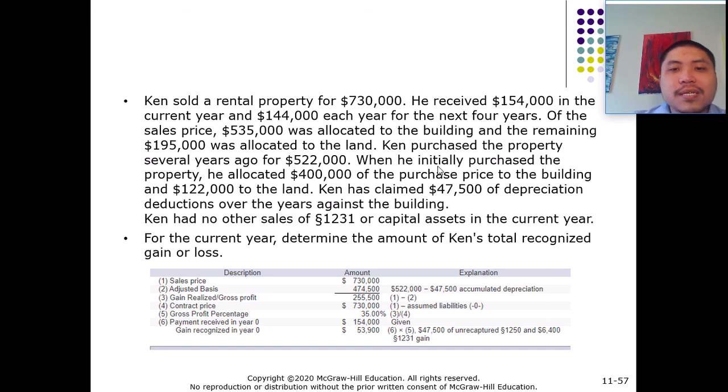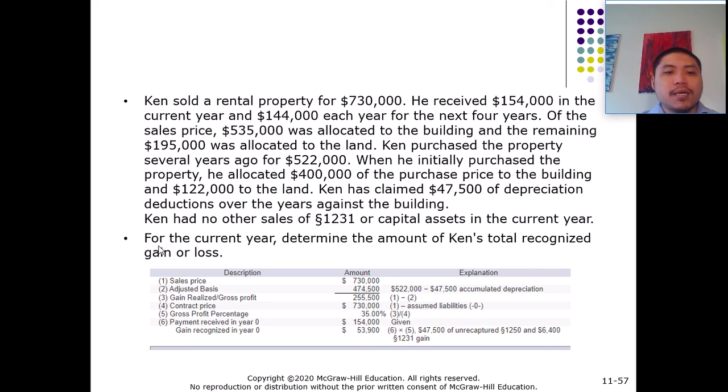allocated to the land. Ken purchased this property several years ago for $522,000, and when he initially purchased the property, he allocated $400,000 to the building and $122,000 to the land. And he claimed $47,500 of depreciation deductions over the years that he owned the building.